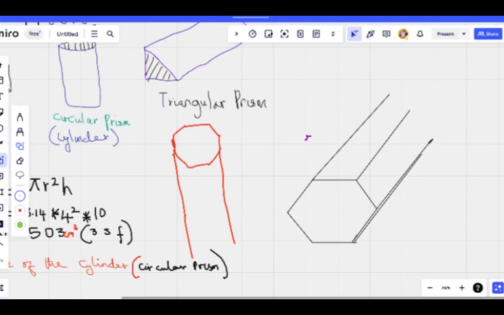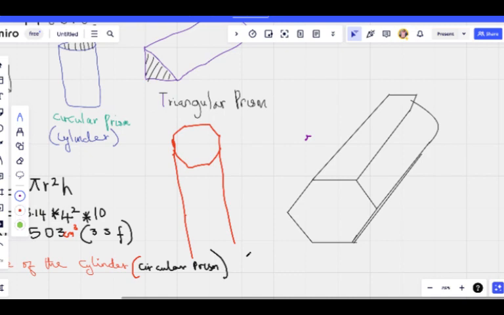The only thing I want to show is that we have to calculate the cross-sectional area of the hexagonal prism. Okay? So never mind our drawing. Anyway, if you give you something like this as a hexagonal prism, all you need to do is to find the surfaces.